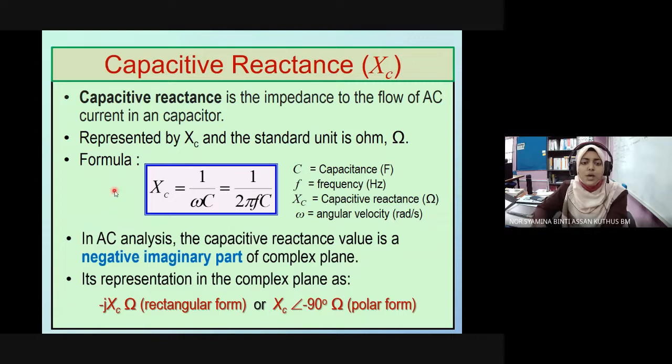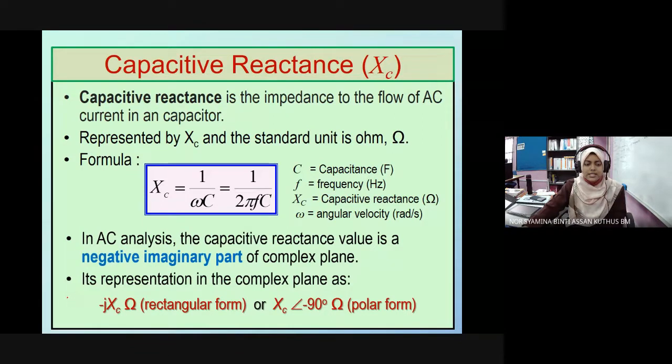formula dia adalah 1 over omega C. Kenapa dia adalah 1 over omega C? Sebab dia adalah negative imaginary part. So negative imaginary part, formula untuk cari ZC adalah negative jXC.